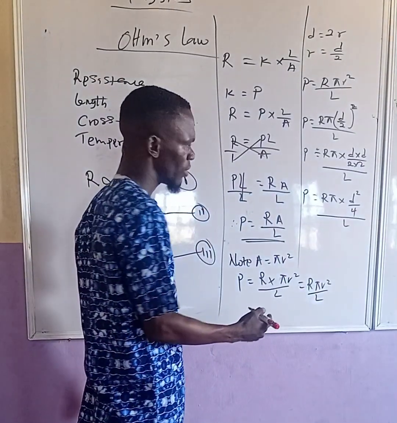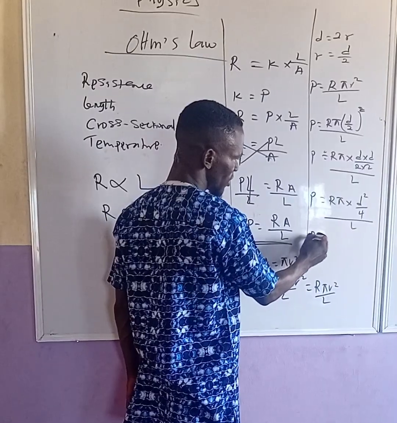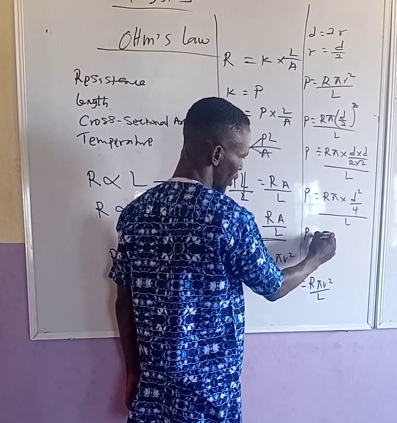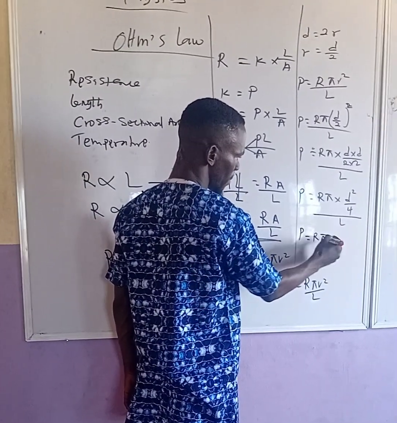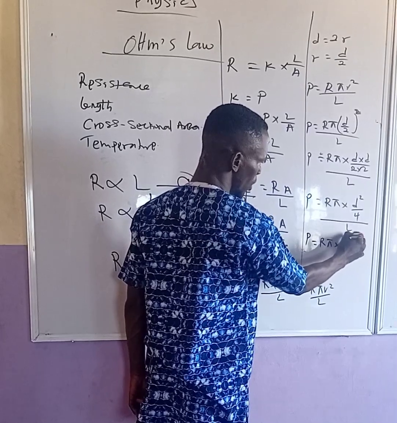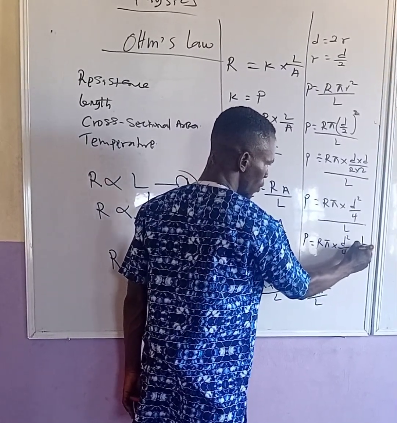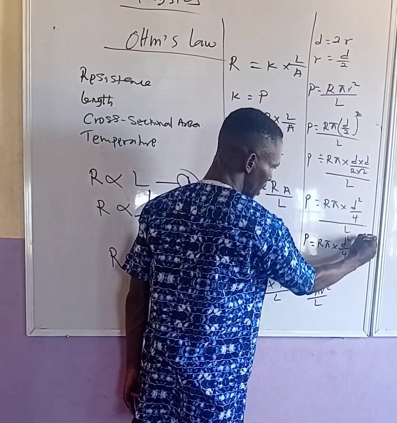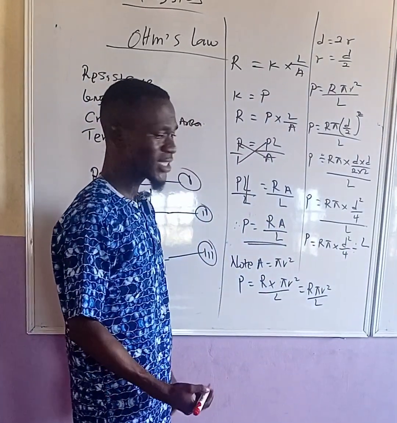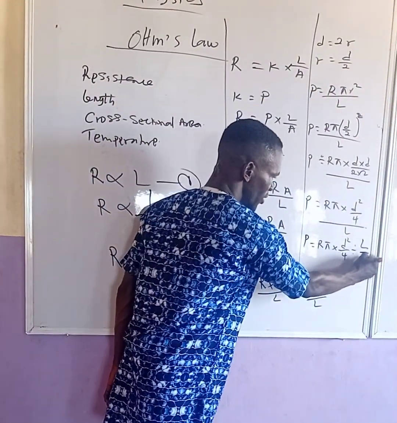Now breaking it down further, we have resistivity equals resistance times pi times d squared over 4, divided by L. To balance the equation, we put L over 1 here.